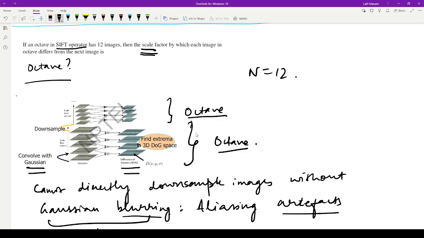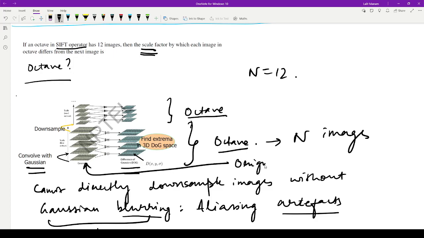Each octave has n images. Remember that this is the original size image. Given that this is the original image, how many times did you convolve it with Gaussian before downsampling it?